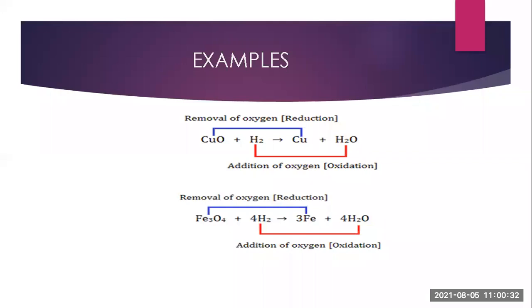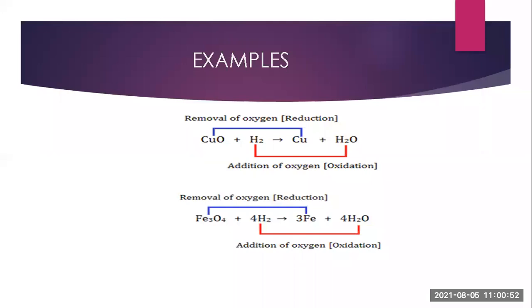Whenever these two processes occur simultaneously, that means one compound is losing oxygen and another compound is gaining that oxygen, in one chemical reaction, then that process is known as a redox reaction.